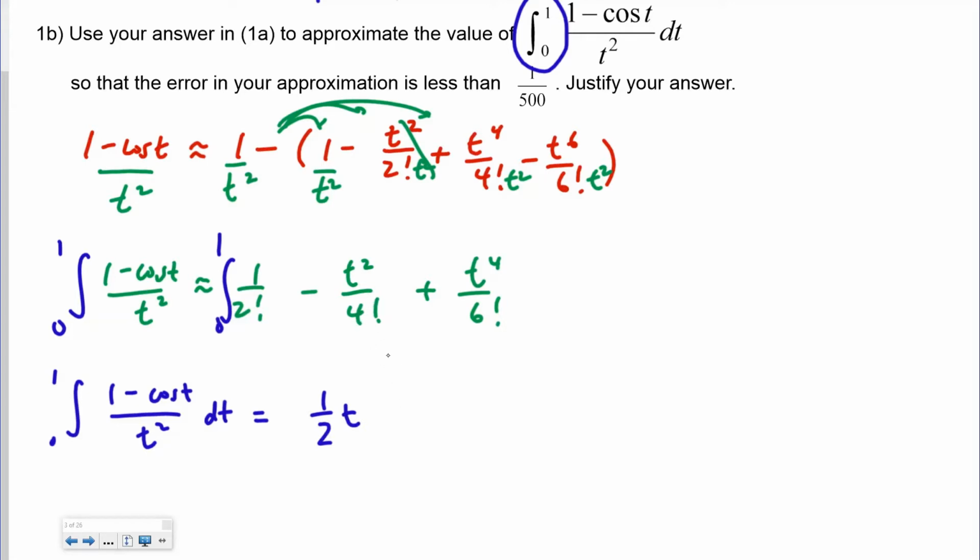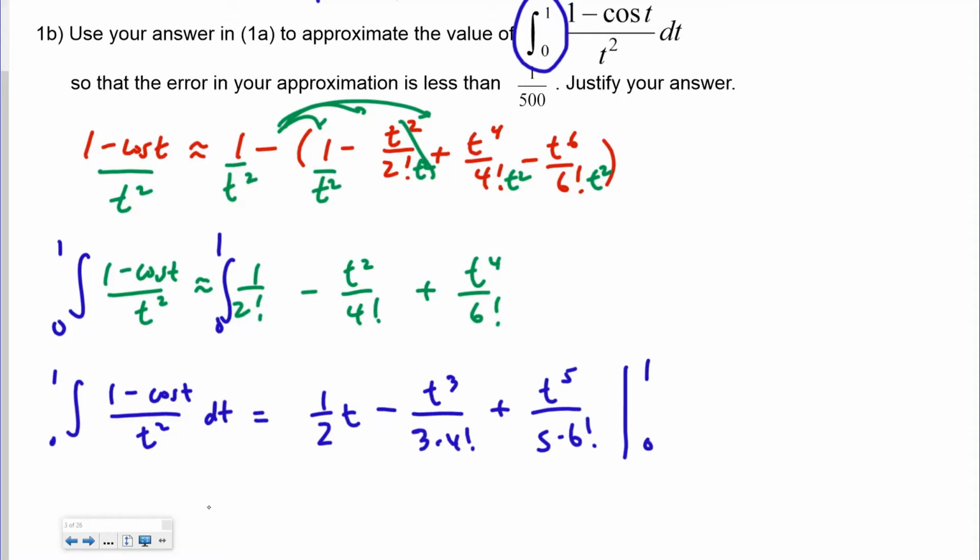The integral of t squared over 4 factorial will be minus t cubed over 3 times 4 factorial, and the integral of this term here will be plus t to the 5 over 5 times 6 factorial. I do have a bar, and this will go from 0 to 1.